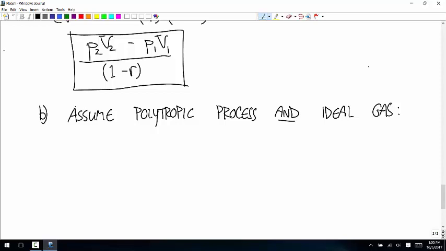So now what we're going to do is calculate that same integral. We want to calculate the integral of P dV from state 1 to state 2, but we want the answer just in terms of temperature.